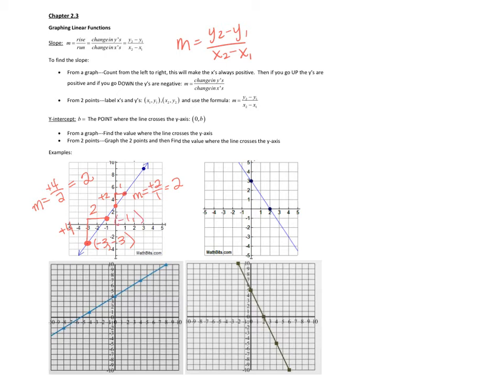So let's see if we can use the formula. I'm going to label my points. My first point is going to be x1, y1, and my second point is going to be x2, y2.